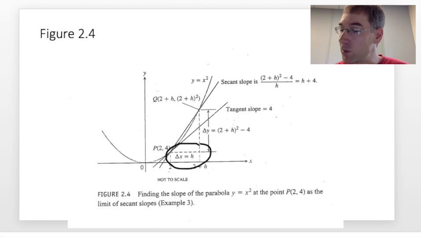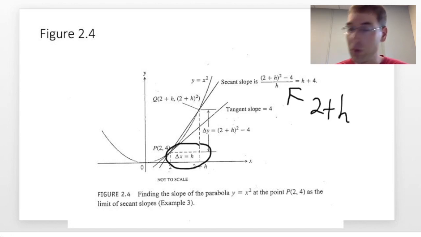So we'd have 2 plus h quantity squared minus 4 over, technically here in the denominator, I could write 2 plus h minus 2, which is simply h. And when you do the algebra, you see that the slope of the secant line is h plus 4. Okay.